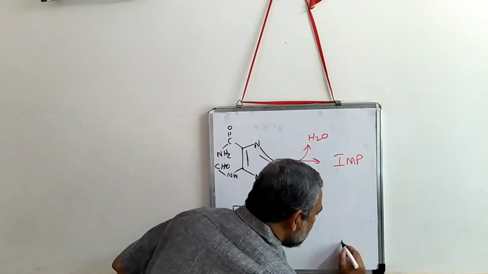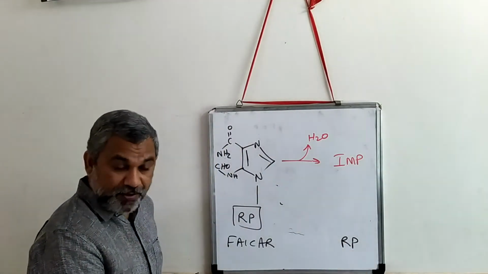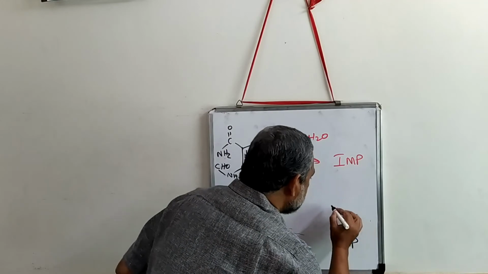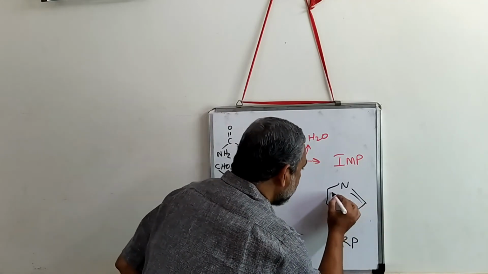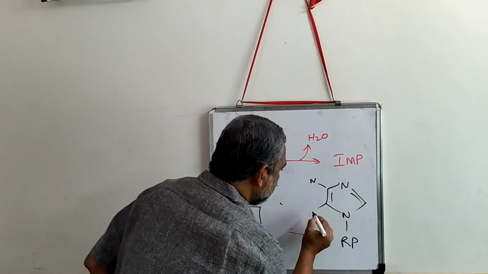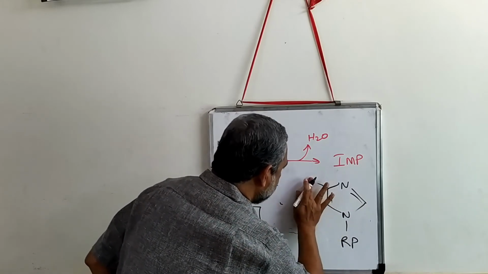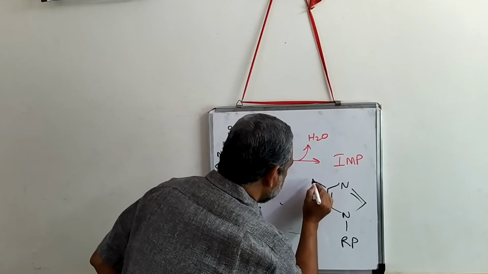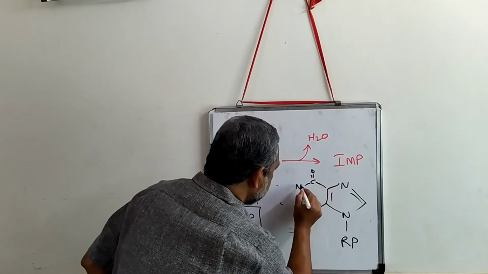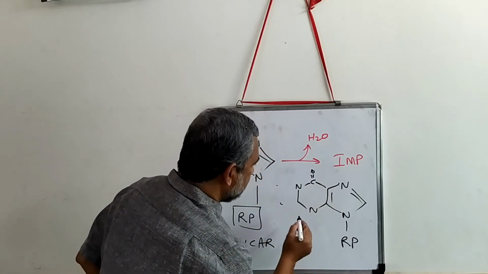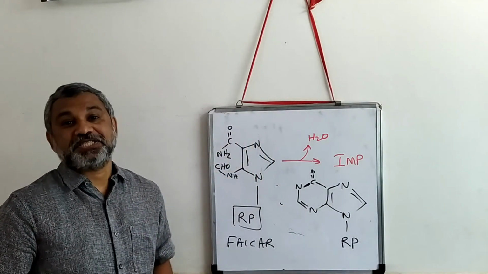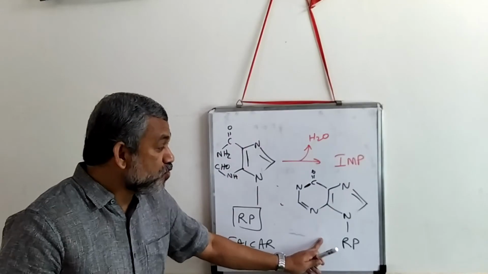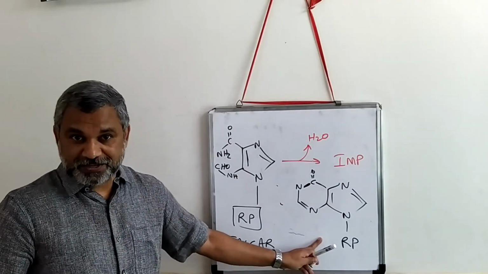The structure is going to be like this. A ribose 5-phosphate is here, then nitrogen in the imidazole ring. This is the structure of inosine monophosphate.